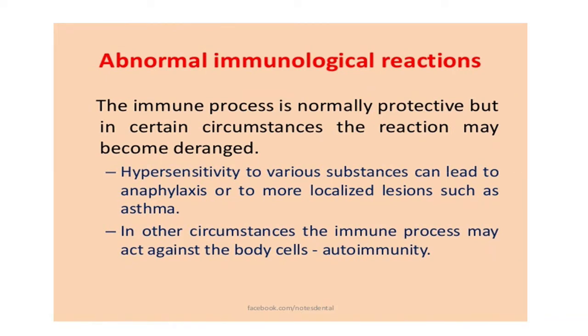In other circumstances, the immune processes may act against the body's cells: autoimmunity. Here your white blood cells will be fighting against your own cells. Why? Because they are immunocompromised. There are certain things that may put the body into a different form, for which the immune system may be fighting against it, especially when it has seen something foreign in the body.